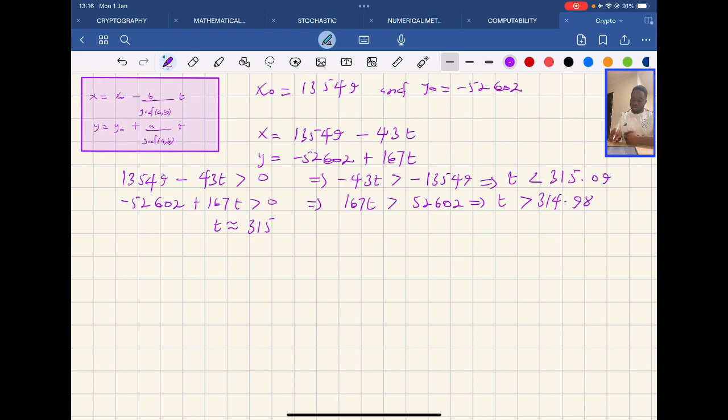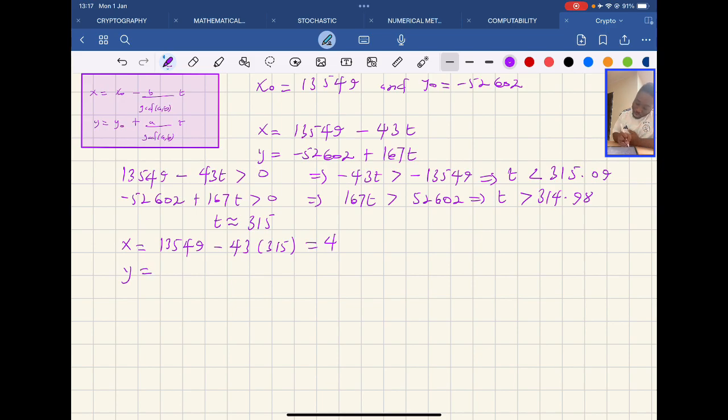Okay. Now that we have our t value, we can just plug it back into our equations. So we're going to get x is equal to 13549 minus 43 times 315, and this is equal to 4. We're going to have y to be equal to minus 52602 plus 167 times t, and t in this case is 315, and this will give us 3.